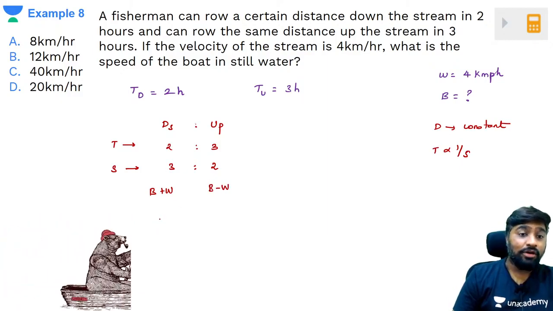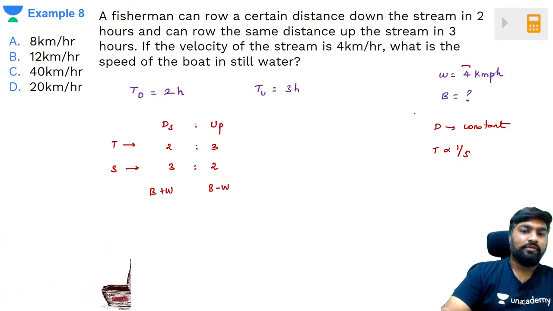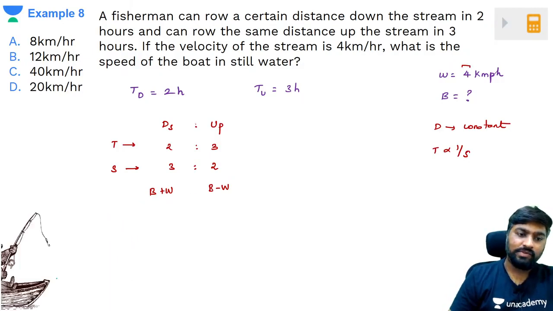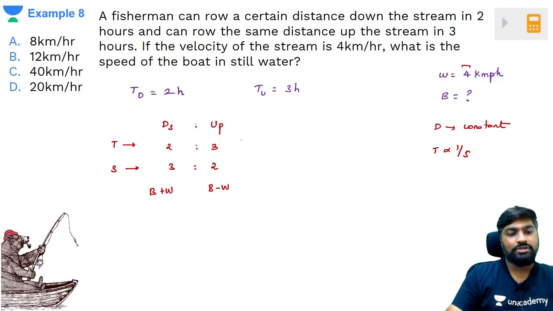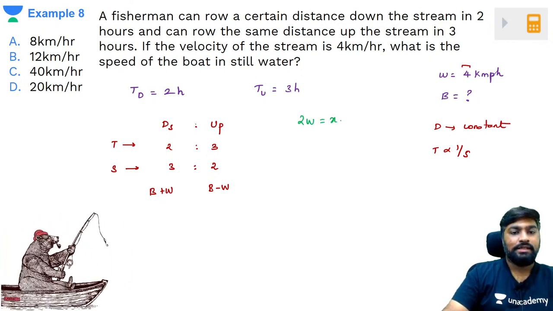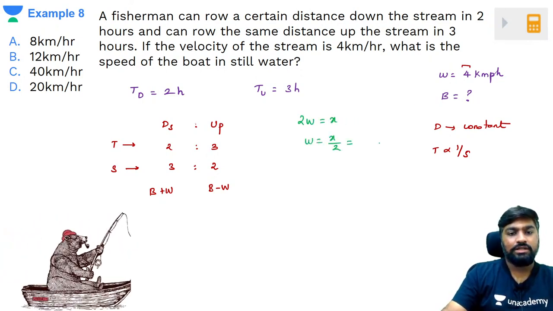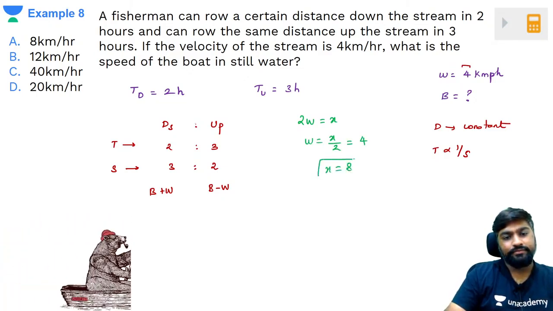And what do we know here? We know that speed of water is 4. So can we use the same logic that we used a couple of questions ago? Yes, the difference between these two. The difference between these two is 1x. So 2 times w is x, or w is x by 2. Speed of water is 4. So x is 8.